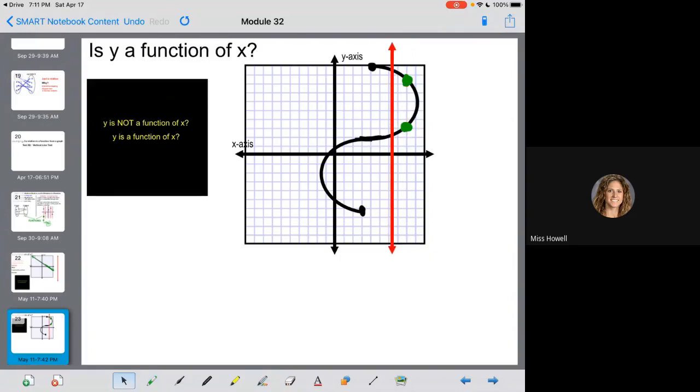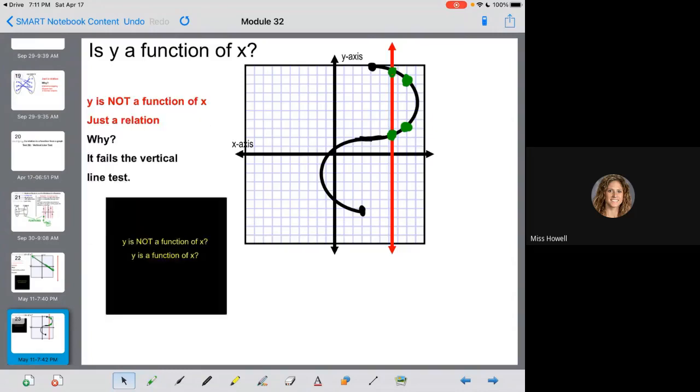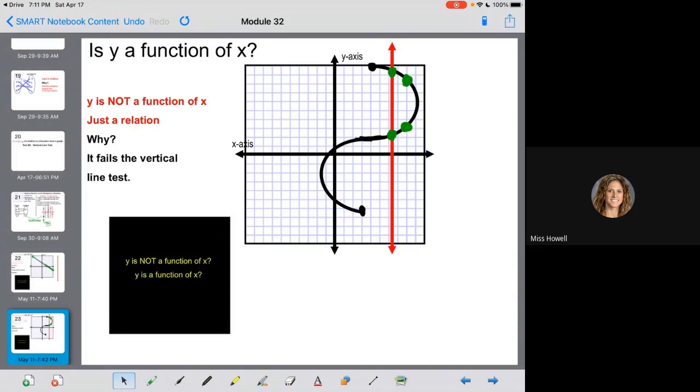Like every spot here, pretty much right here. Oh, now it's crossing here in two spots, right? As long as we can find a single location in the graph where a vertical line would go through that graph more than once, that would be a failed test. So for this particular case, y is not a function of x. So this would just be a relation because it fails the vertical line test.